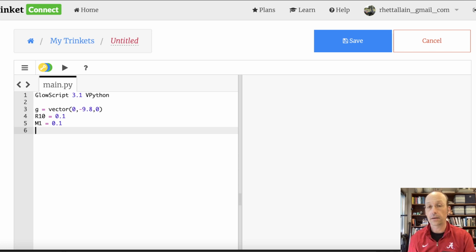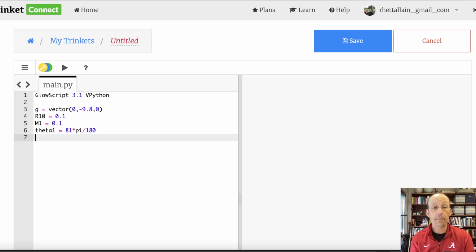What else do I need? Oh, theta 1. Theta 1 equals 81 times pi divided by 180. And this is actually pretty good because this would not work with your normal pendulum equation, right? Because the angle's too big. Okay, let's just go ahead and jump into this.